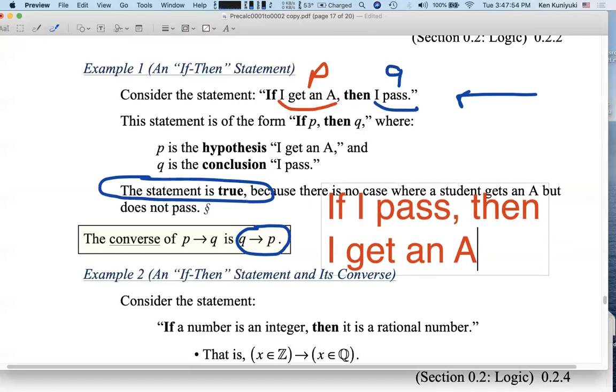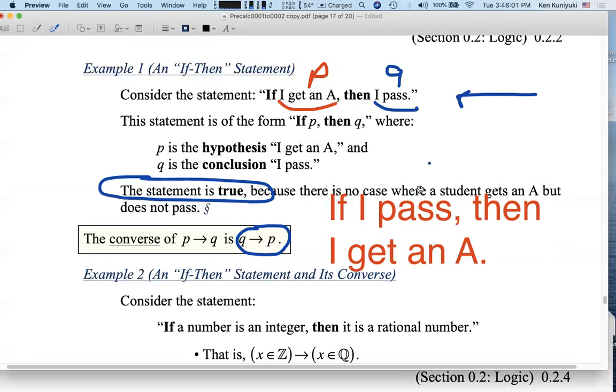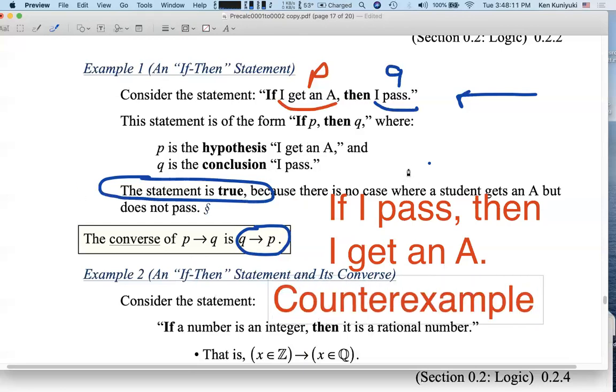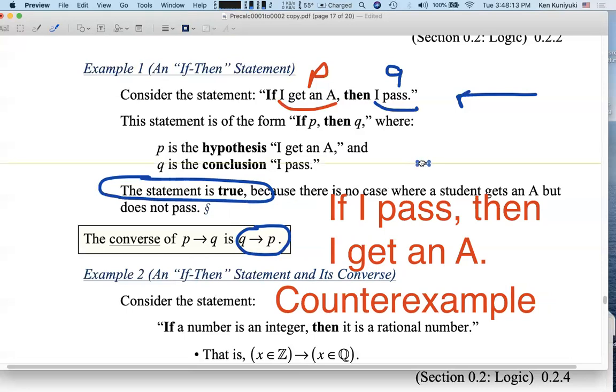But is that a true statement? If I pass, then I get an A? No, because we can think of a counterexample. A counterexample corresponds to a situation where the hypothesis is true and yet the conclusion is false.